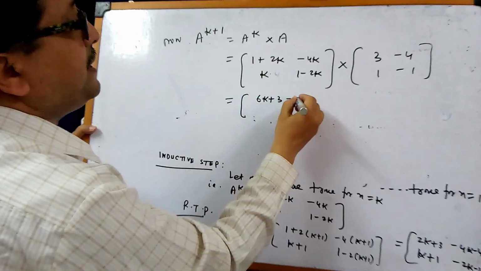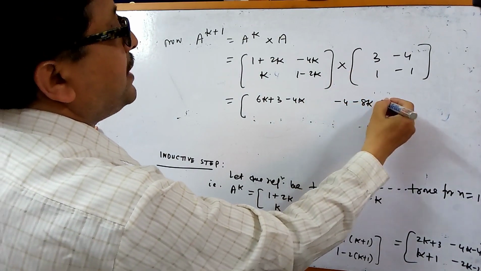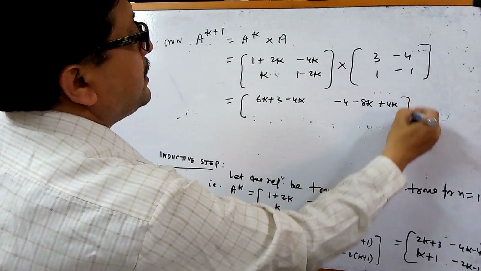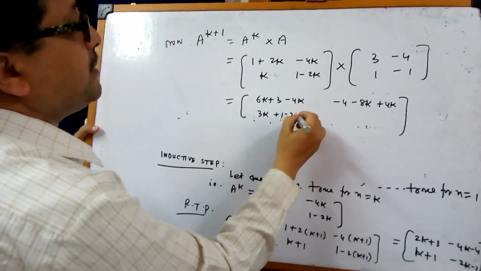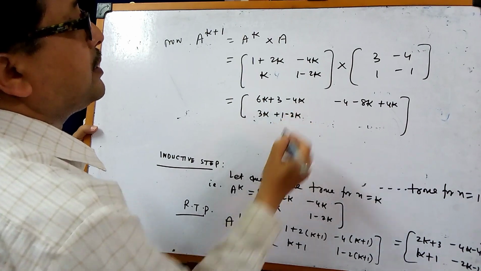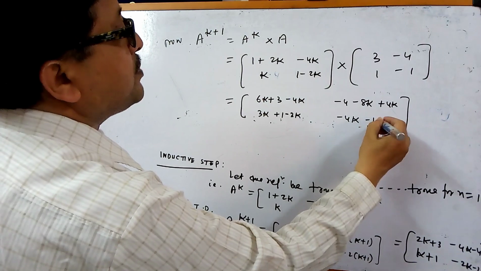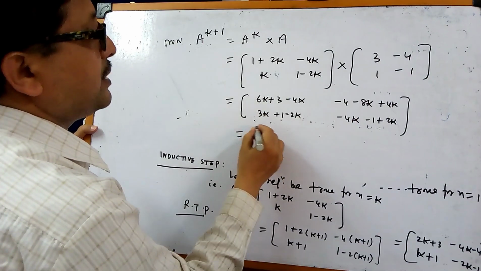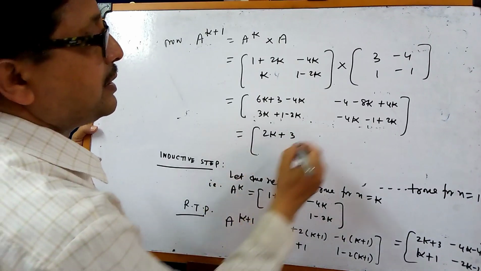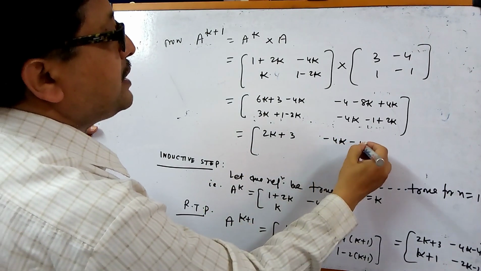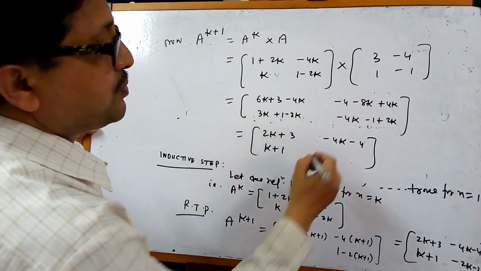6k plus 3 minus 4k, minus 4 minus 8k plus 4k, 3k plus 1 minus 2k, and minus 4k minus 1 plus 2k. This changes to 2k plus 3, minus 4k minus 4, k plus 1, minus 2k minus 1.